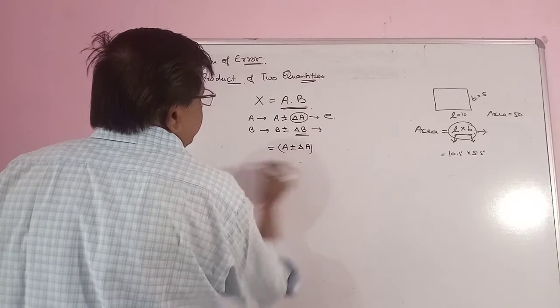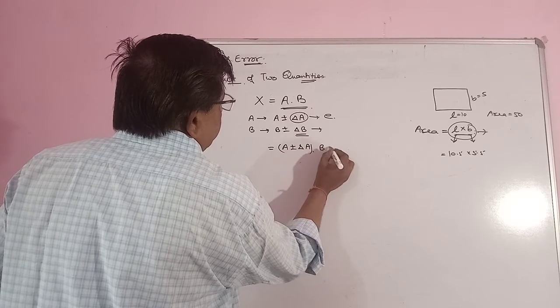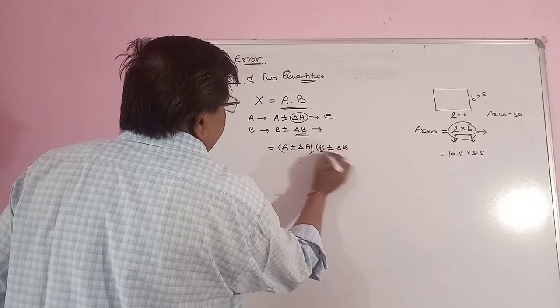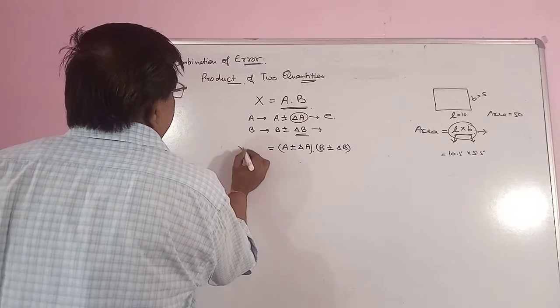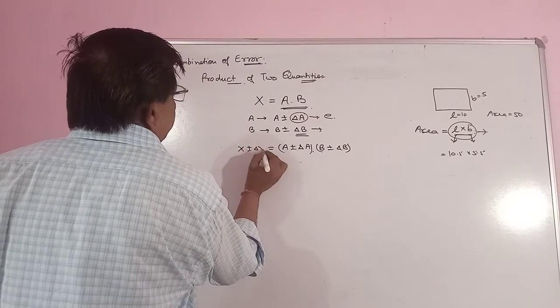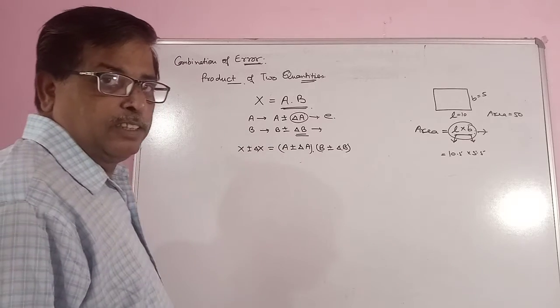A plus minus delta A multiplied by B plus minus delta B. And here x will be x plus minus delta x.